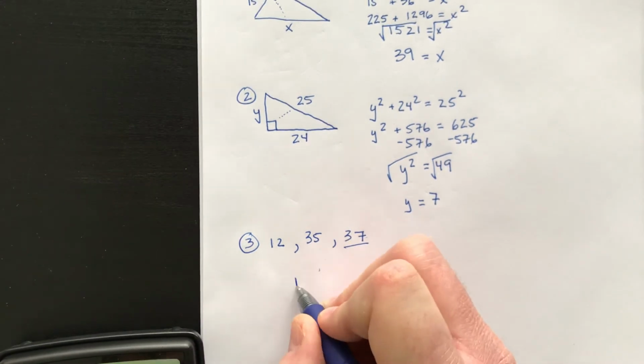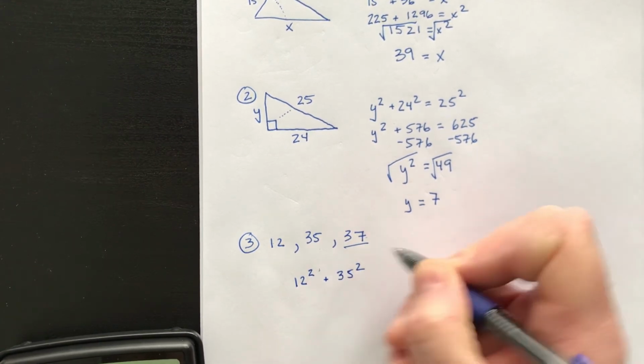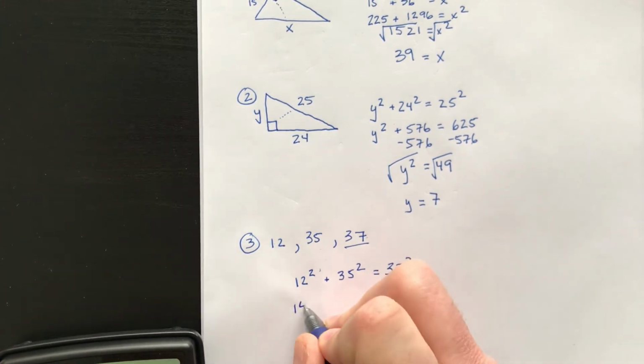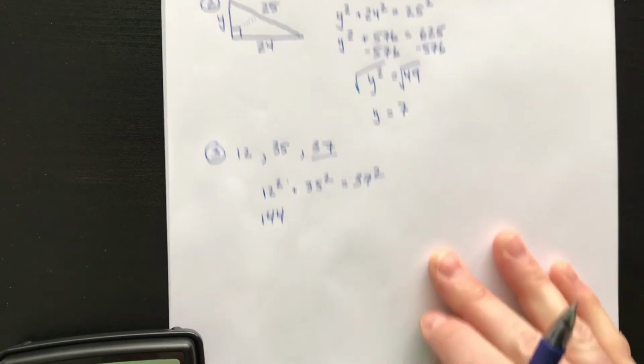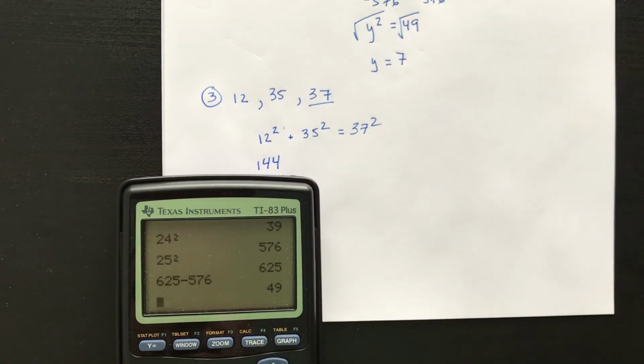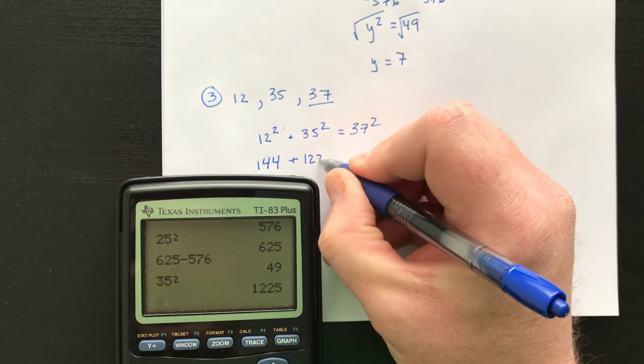So let's test it out. 12 squared plus 35 squared, does that equal 37 squared? So we have 144. 35 squared is 1225.